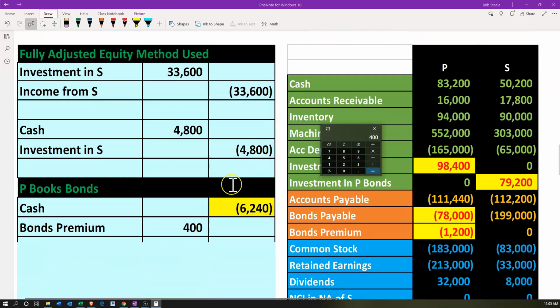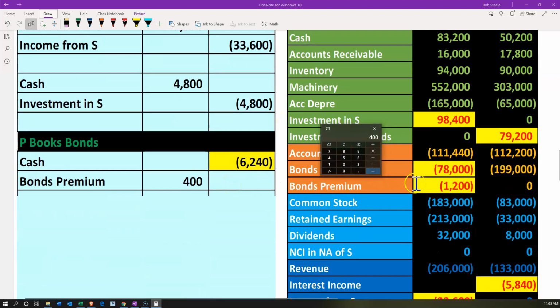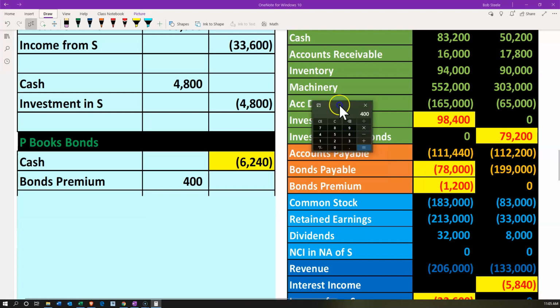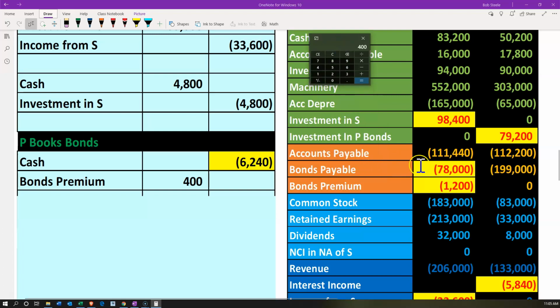So we're going to be reducing the premium. Remember, as you do this, it's nice to be able to see the trial balance, because then it's easier to remember that a premium is going to be on the books as a credit, and the discount's going to be on the books as a debit. You can also remember it as being the opposite: if it's a premium, it's basically increasing the value of this liability account, so you can increase the liability with a credit.